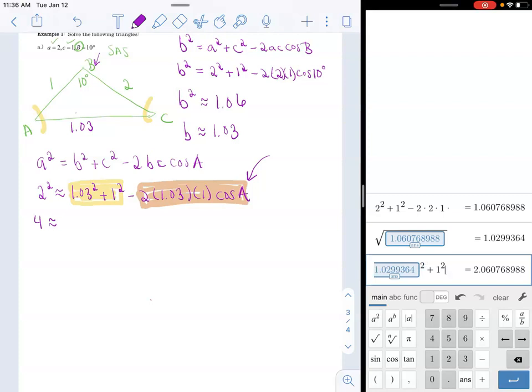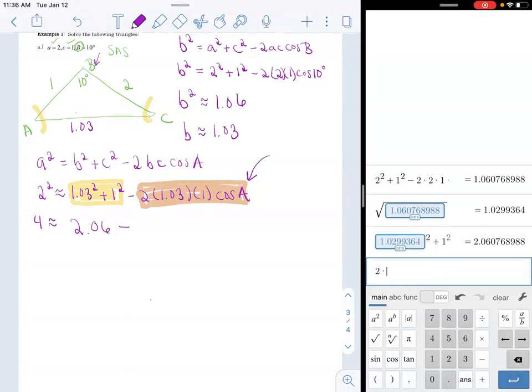So I get here 2.06 minus, and now in my next one, 2 times, well, I can't use the answer because the previous answer isn't that 1.03. But again, I'm going to try to be as accurate as possible, so I'm going to put in as much of that decimal as I see: 1.02999364. And then I times it by 1, which we know would be the same, but just to show it.